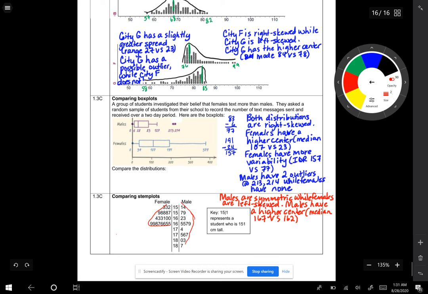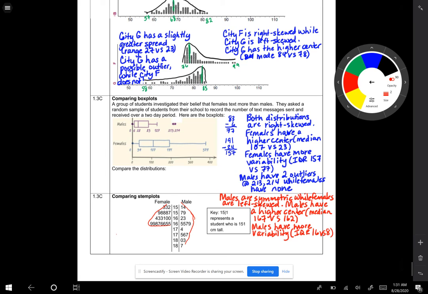Okay. The males also had more variability. So the IQR for males was 16 versus females, which was 8.